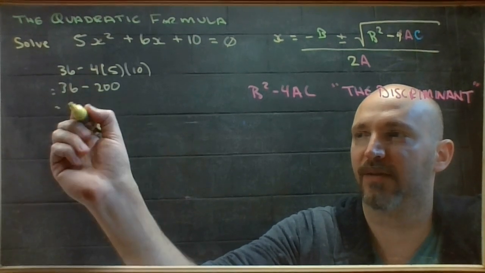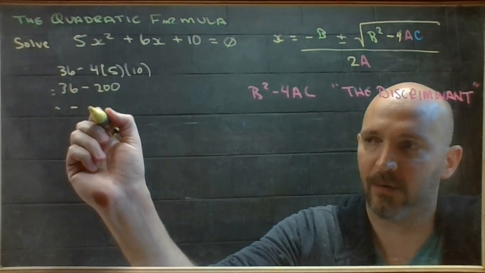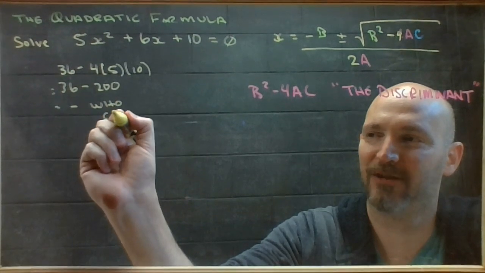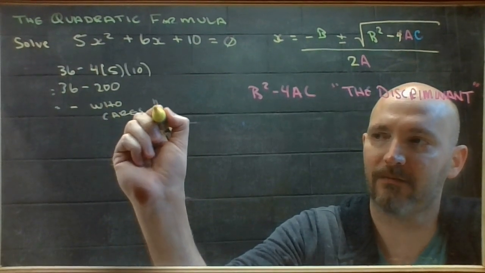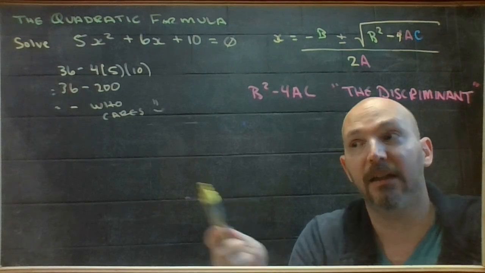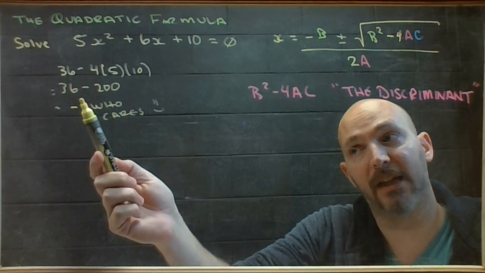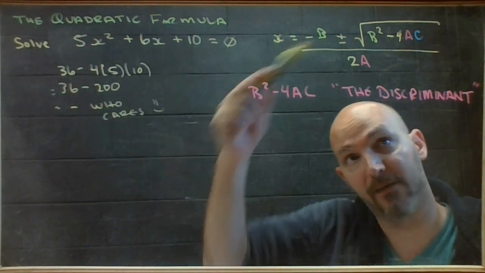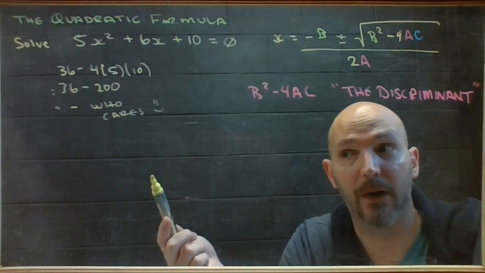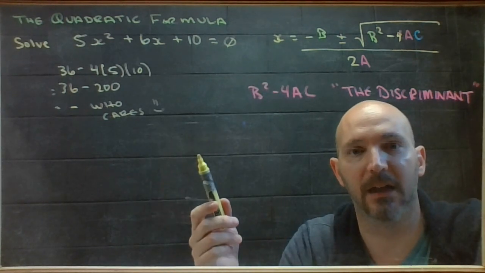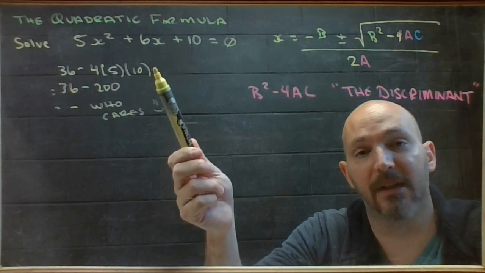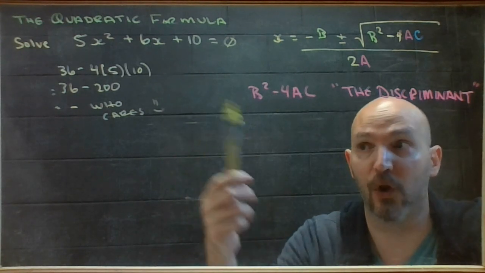So that gives me negative. Well, who cares? Smiley face, because it doesn't matter. The fact that this number is bigger than that means my answer is going to be a negative, which means my radical is not going to work, so I might as well stop here while I'm ahead. This thing won't have any solutions. The discriminant showed me that.